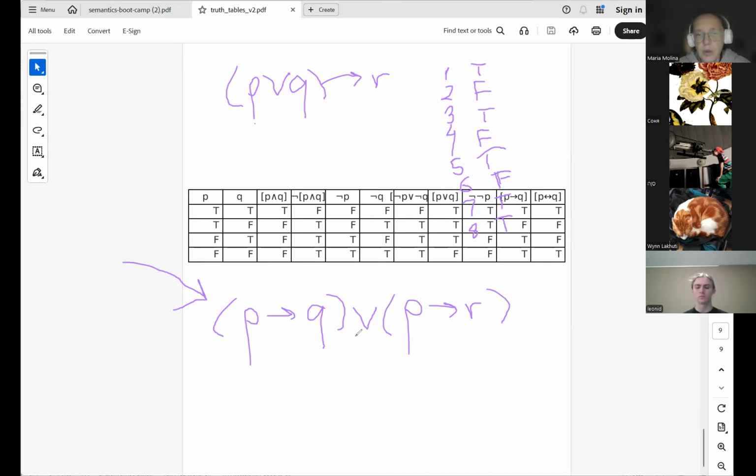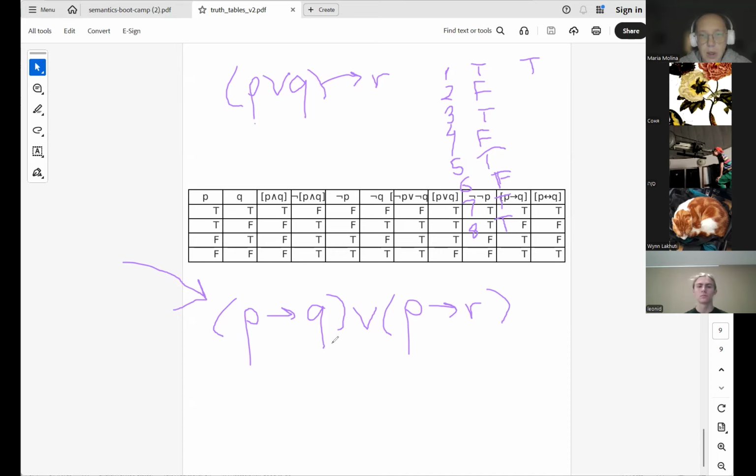P to Q or P to R? So, true. We get true. Because for getting true, we need to have one of the parts valid.